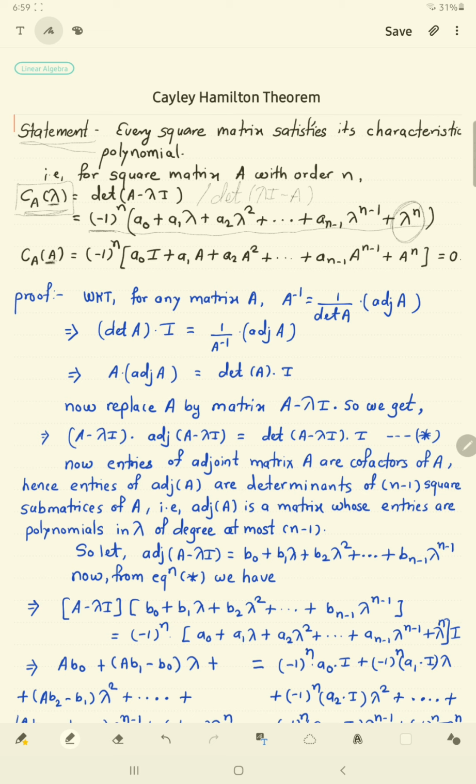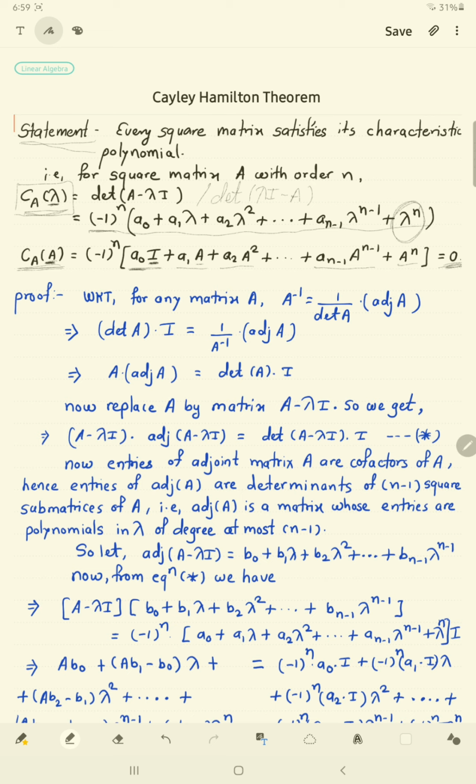Now note that A is a matrix, so a1 A is a matrix, a2 A square is a matrix, but here only a0 is a scalar value. So to make this term also a matrix, we multiply a0 by I. So now our claim is C_A of A should be 0.